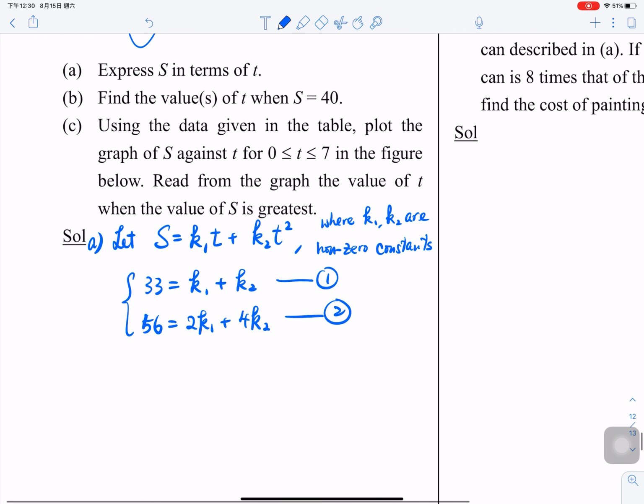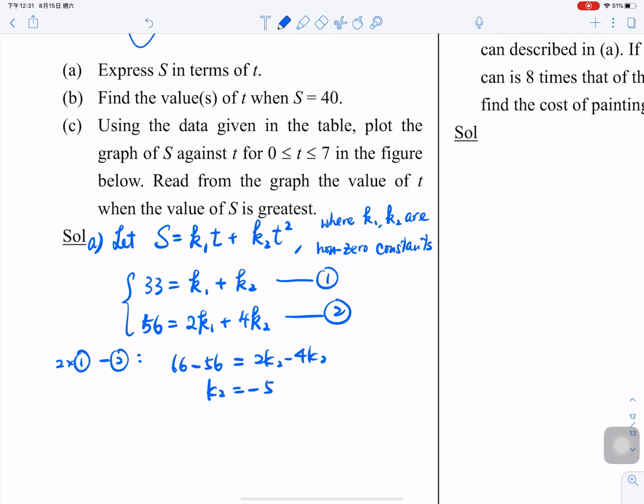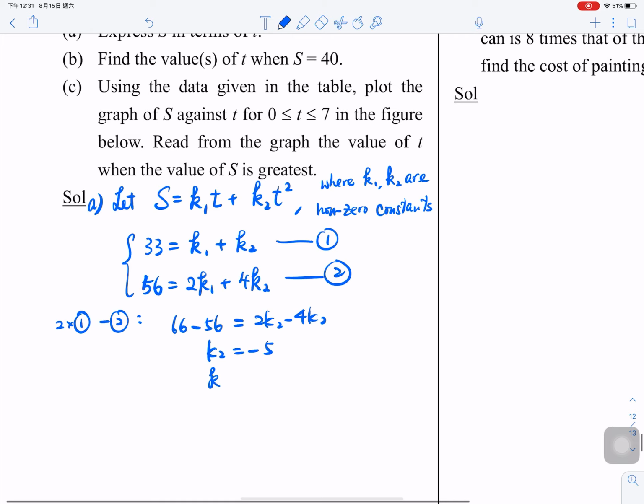Now solve the equations. Take 2 times the first equation minus the second one, and you find that 66 minus 56 equals 2k2 minus 4k2, right? So you find that k2 equals -5, and after solving, k1 equals 38, right?